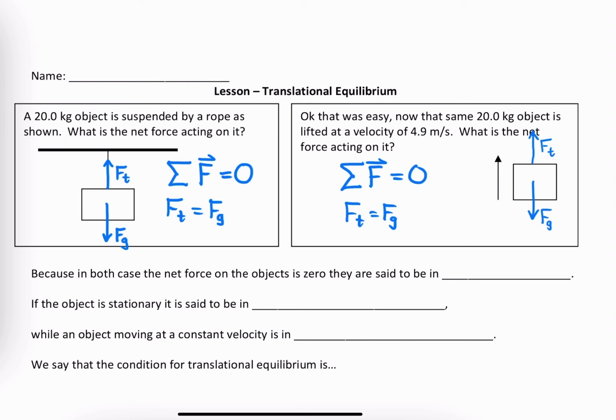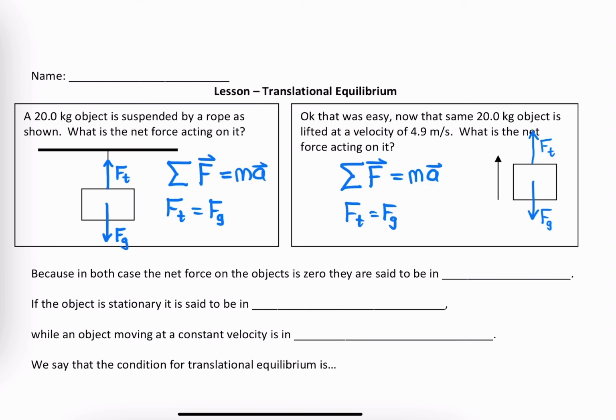Another way to think about both of these scenarios is that if we apply Newton's second law, we have the net force equals mass times acceleration in both of these cases. And because neither of these objects are accelerating, this one over here is just staying at the same place. This one's moving, but it's got constant velocity, so there's no acceleration.